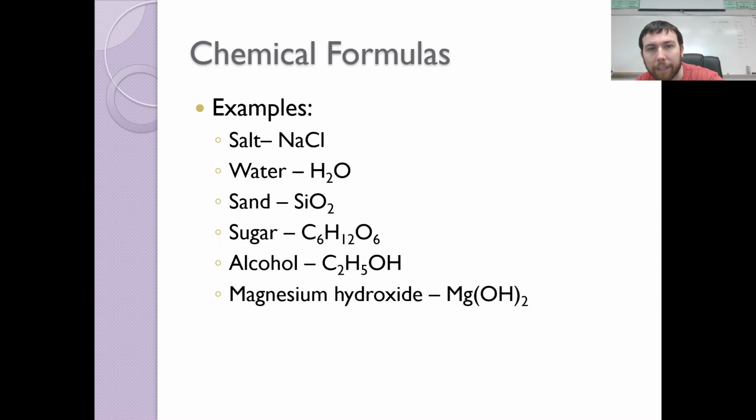This is an ionic compound, and if we think about the ratio of our atoms here, it's 1 to 1: 1 sodium, 1 chlorine. We've already seen water. Water's covalent, at least in terms of its bonding. And as we saw in the previous slide, the ratio of elements is 2 to 1: 2 hydrogens for every 1 oxygen.